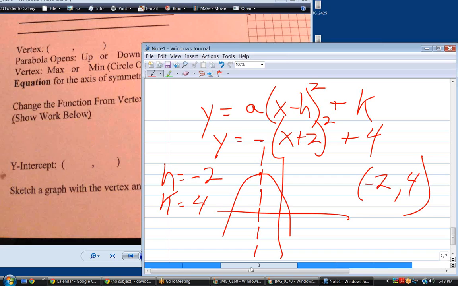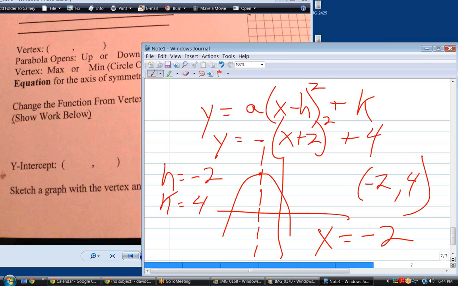Would be -2. That's a point. What's the equation of a vertical line? x equals -2. Okay, the equation of a horizontal line is y equals some number.